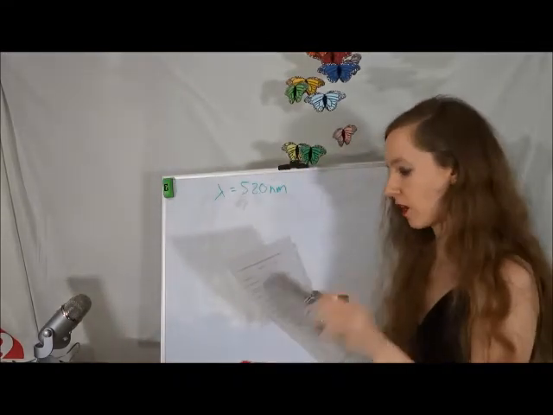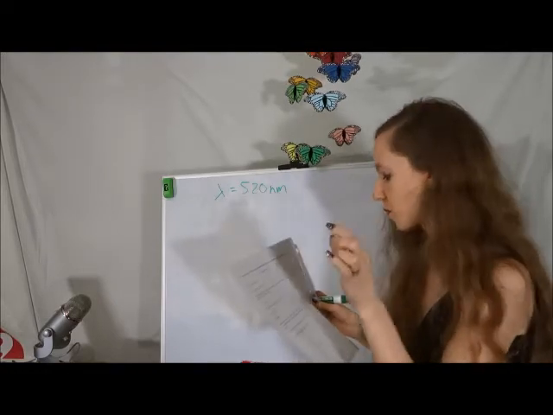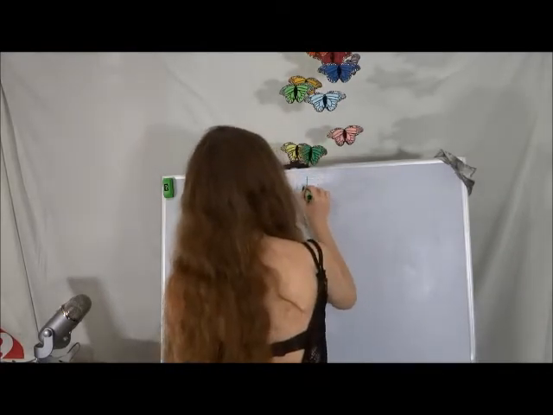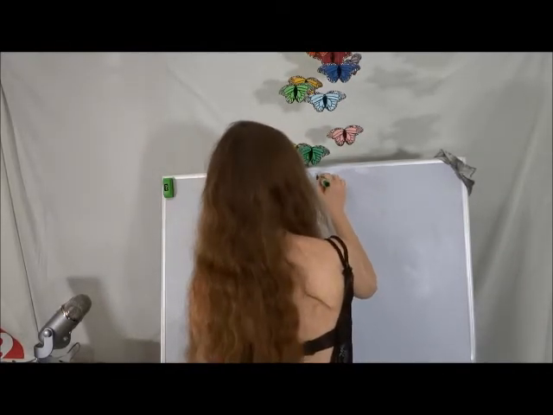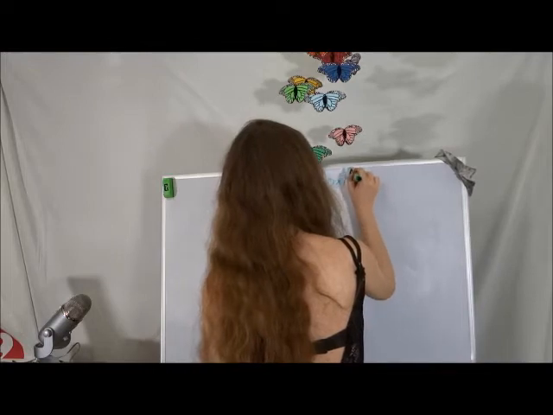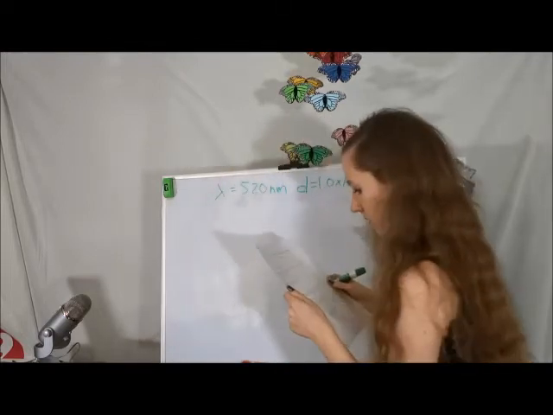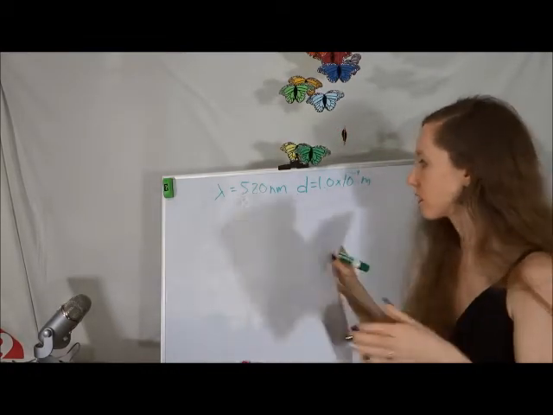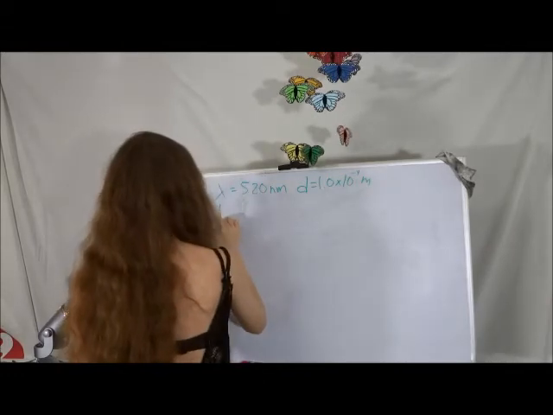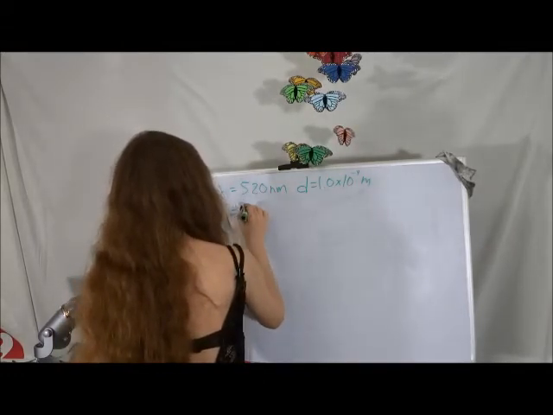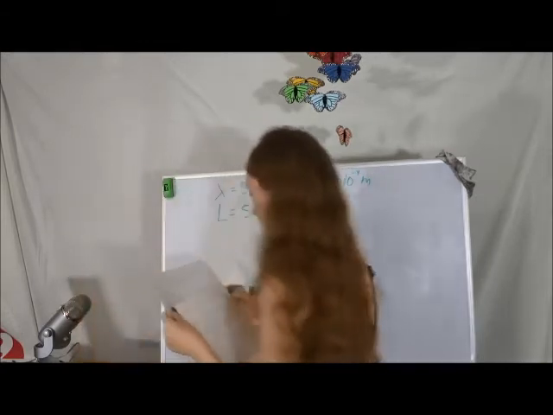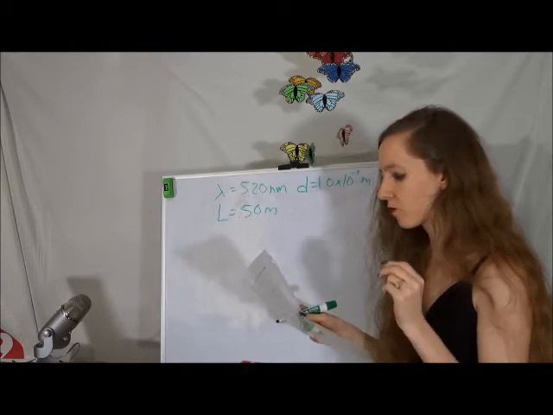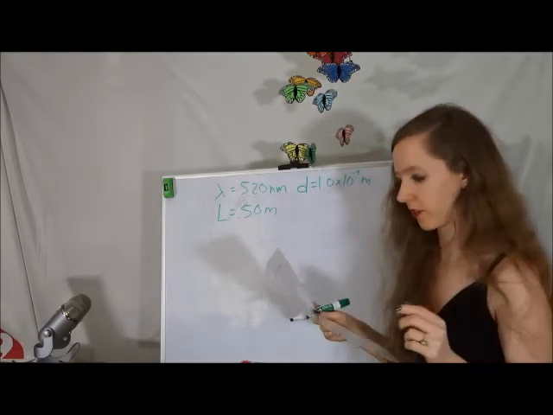And we're going to shine it through a double slit, and our two slits are spaced 1.0 times 10 to the minus 4 meters apart. So the separation distance is going to be 1.0 times 10 to the minus 4 meters. And now our double slit is located half a meter from our screen. So the distance between our double slit and our screen is L, and that's 0.50 meters. We want to know how far from the central maximum is the next bright fringe.